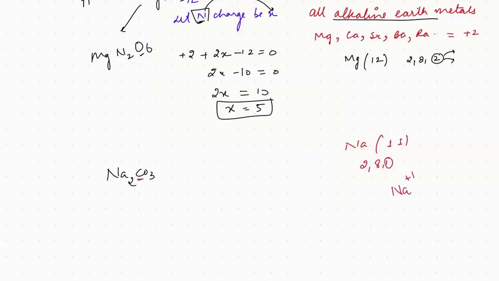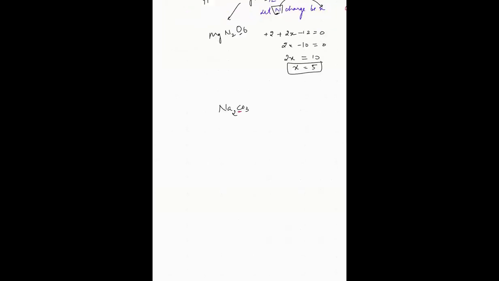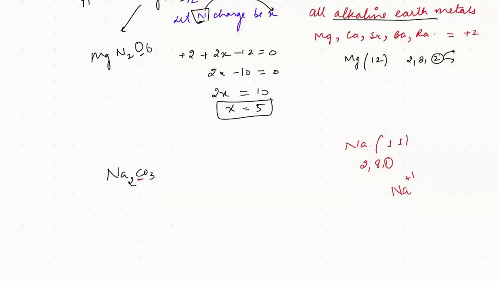We have already given you the rule that whenever we have an alkali metal, its charge is going to be +1. When sodium's charge is +1, there are 2 sodium atoms, so I would write +2. Let sodium's charge for 1 sodium be 1, times 2.